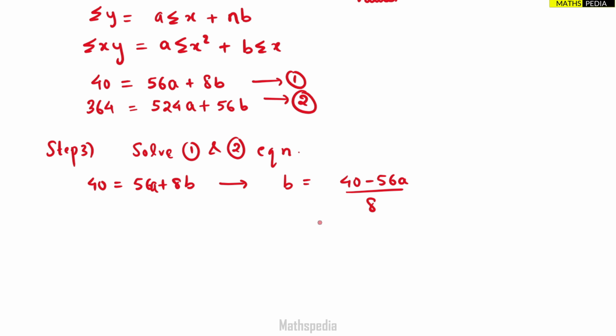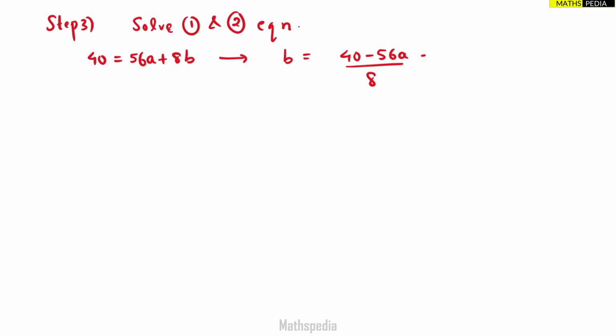Very simple. So the b equation I have written. You can simplify and write it as what? 40 by 8 is 5, minus 56 by 8 is 7, so 7a. So the simplified form of b we got.